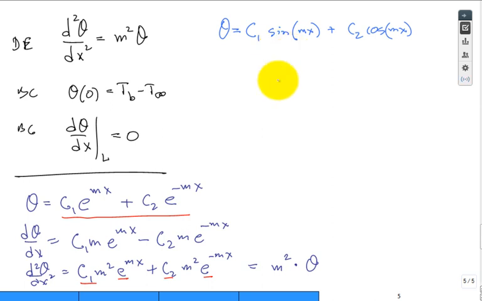But when I differentiate the cosine, it becomes a negative. So actually, that will work if I had a negative m squared theta. But when I have a positive m squared theta, then guess what? That doesn't work. But something really close to it works. Not sin, but sinh.